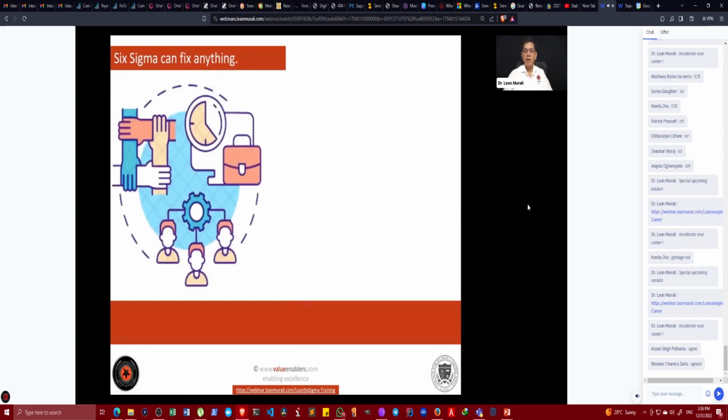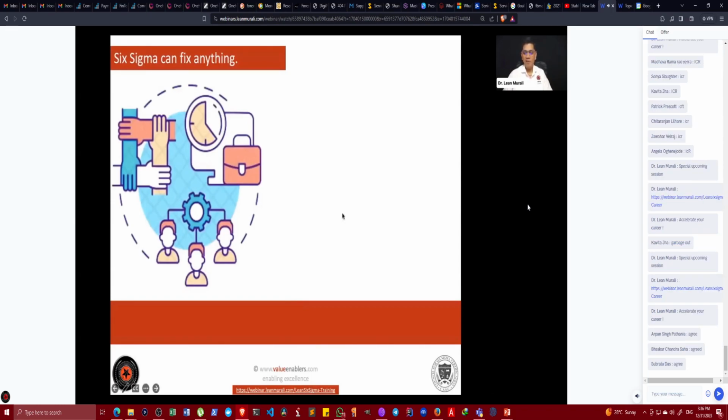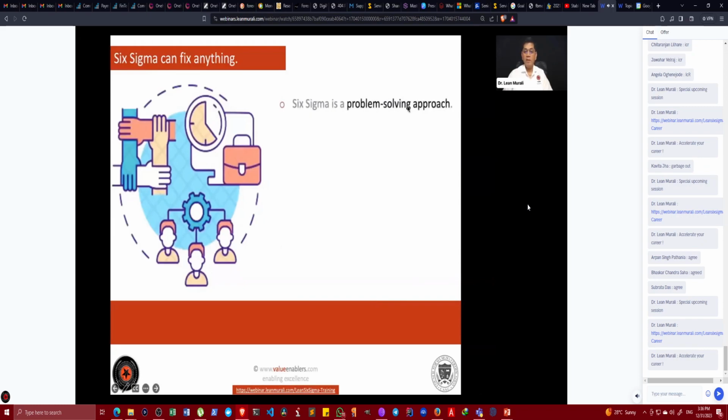Six Sigma can fix anything is a myth. Six Sigma cannot fix everything. It's a problem-solving approach, and some people blindly support it, thinking it can solve any issue.